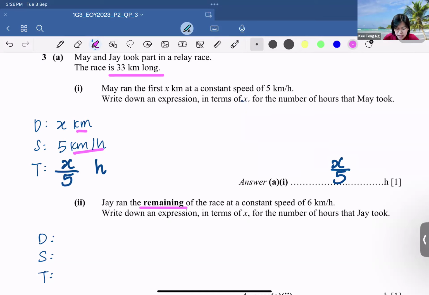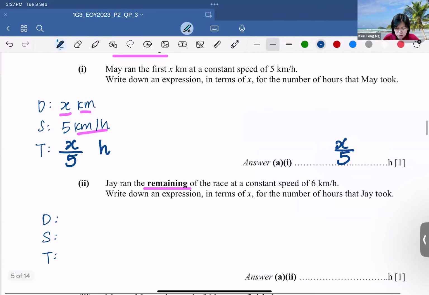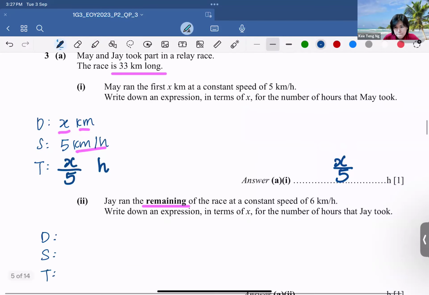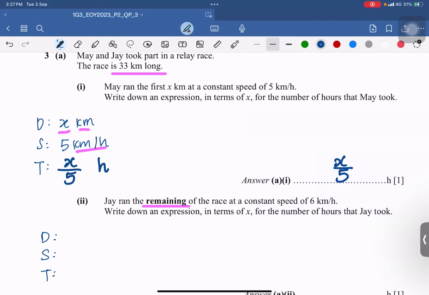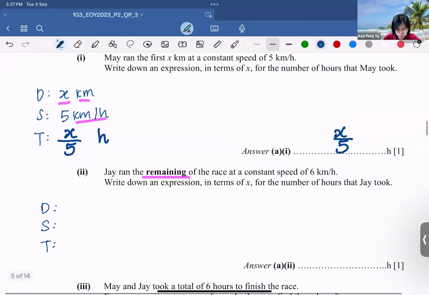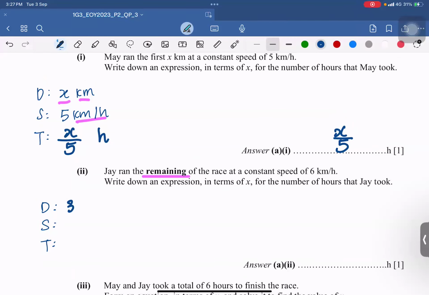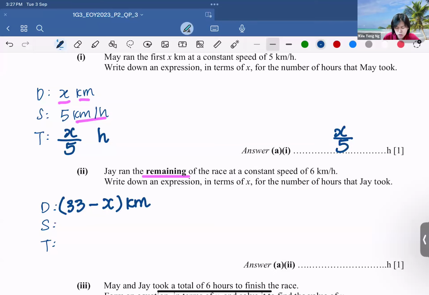J ran the first X kilometers. So can you tell me an expression for the remaining distance? 33 minus what? Minus X. Okay, correct. So 33 minus X kilometers. Then the constant speed in this case is 6 kilometers per hour.